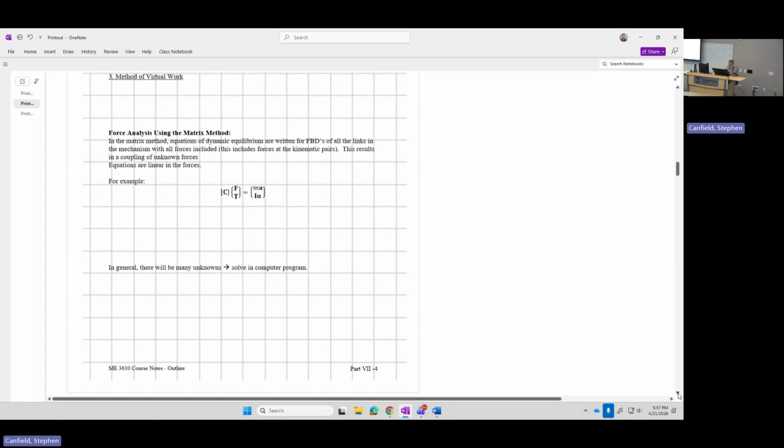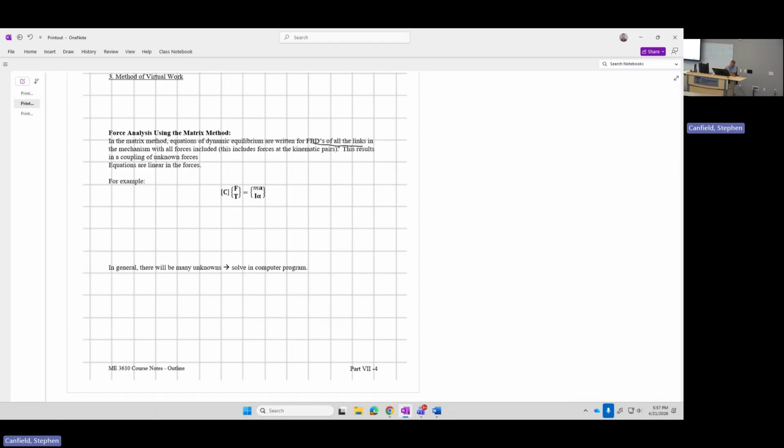So let's look at the matrix method, kinetostatics with the matrix method. In this method, the equations of dynamic equilibrium are written for free body diagrams of all the links. So I have to create free body diagrams of all the links and write Newton's second law, dynamic equilibrium, for each link. They're going to be scalar.